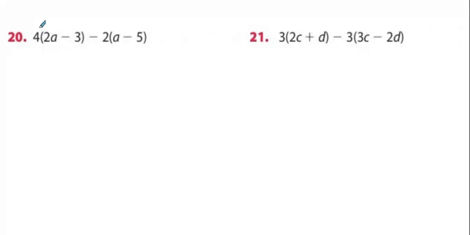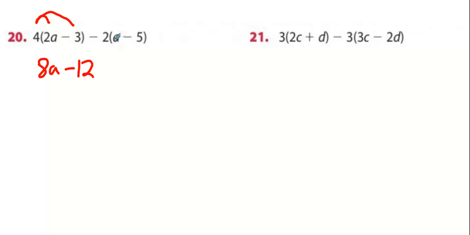4 times 2a. 8a. 4 times minus 3. What's 4 times 3? No, 4 times 3. Count up in 4s. 4. Yeah. Now, it's minus 12 because it's a minus 3, not plus 3.